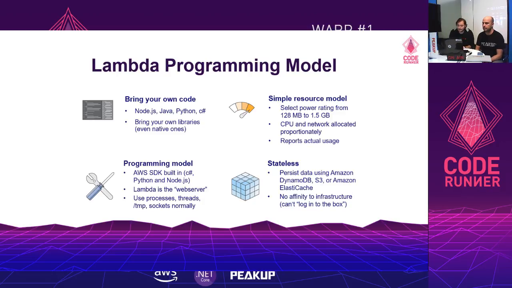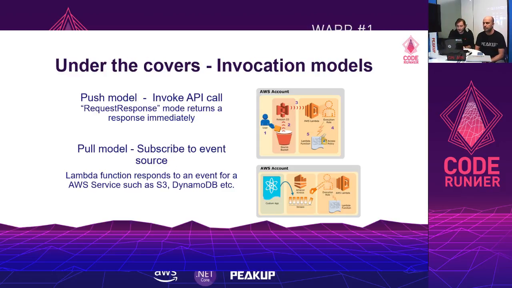So it's stateless. How you run it is you can call it via the AWS SDK, or it automatically runs when something happens. This is called the pull model.